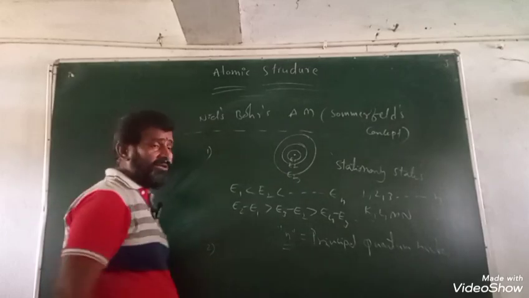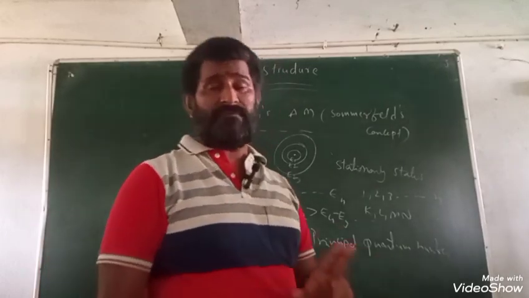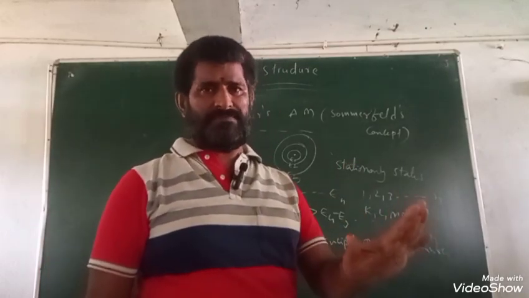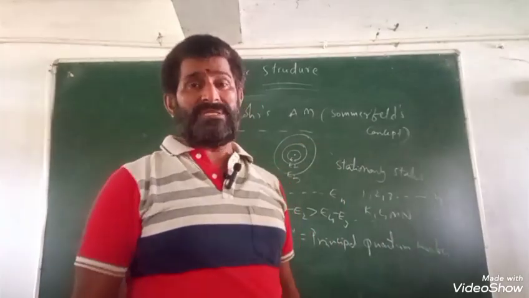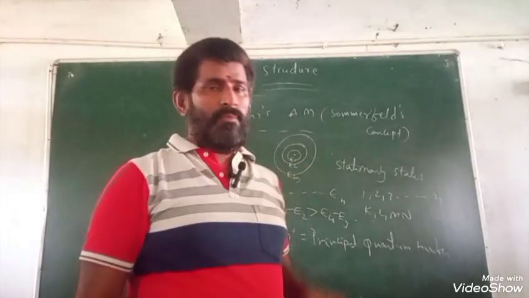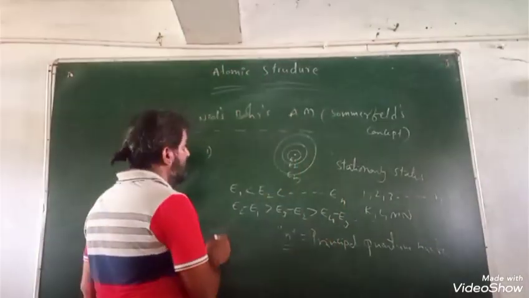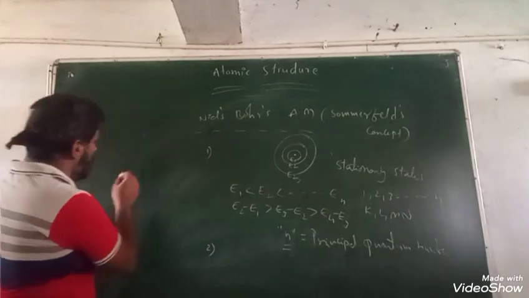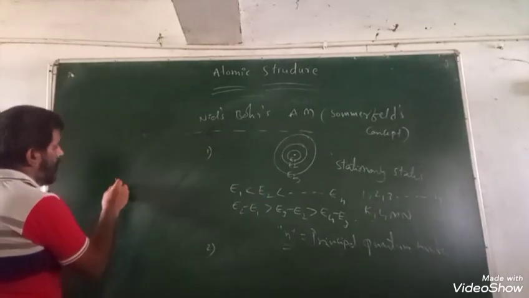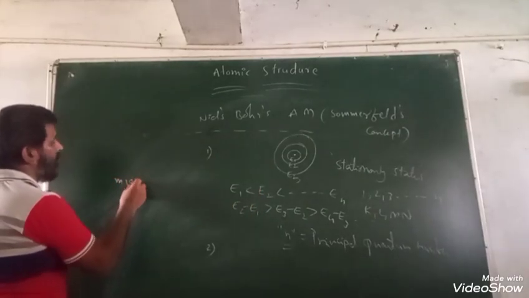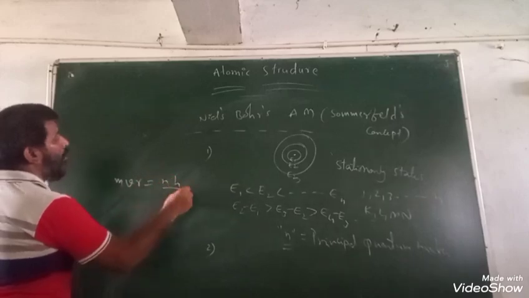Second point, what did he say? Within the same Bohr's postulates, the first point was about the orbit and the second point is about the suborbits, that means orbitals. What did he say in regard to circular orbits? As long as the electron is present in a particular orbit, its angular momentum is quantized.